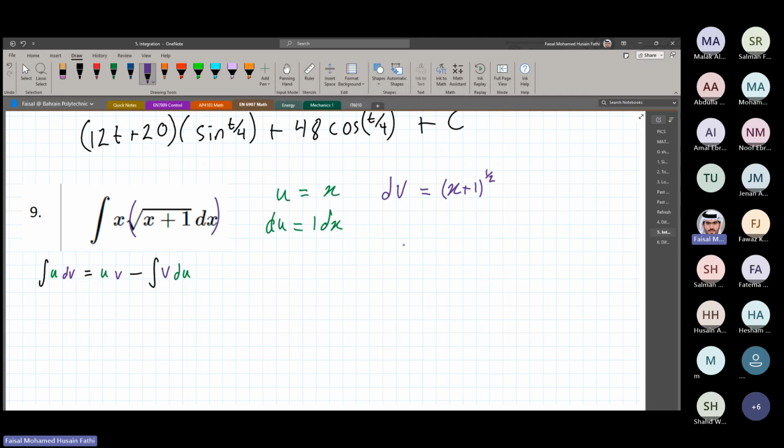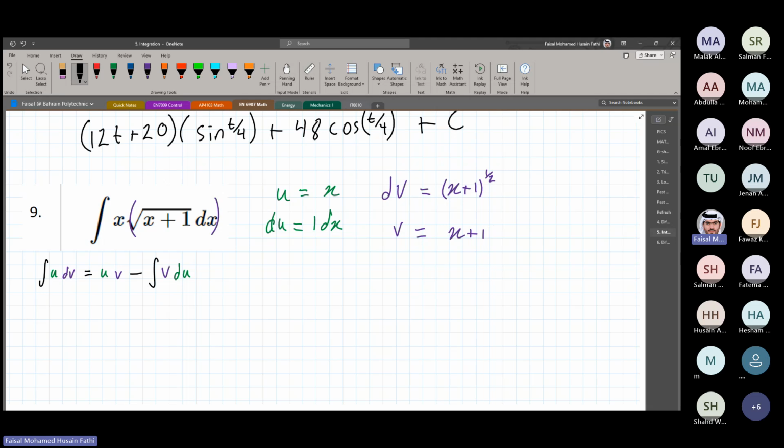If we integrate this to find v, integration of x plus 1 to the power of half, of course I'm taking a shortcut here. It's half plus 1, so it's plus 3 over 2. I'm doing a shortcut in the integration because it's a basic integration with only 1 inside.